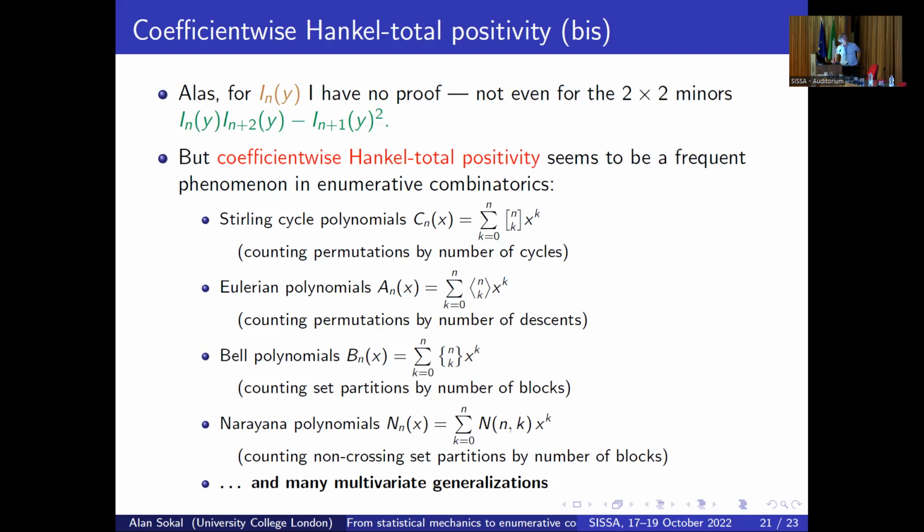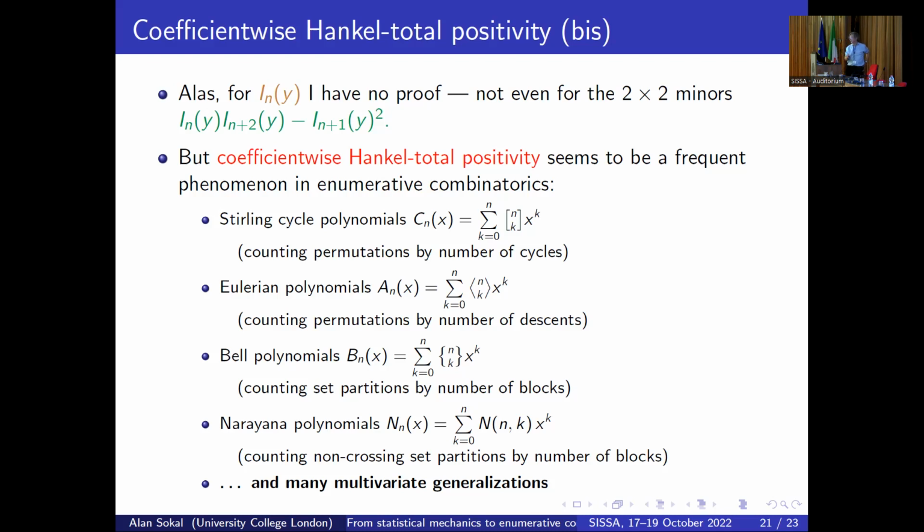For example, the Stirling cycle polynomials, they count permutations by number of cycles, a weight x per cycle. Or the Eulerian polynomials, they count permutations by number of descents. Or the Bell polynomials, they count partitions of an n-element set into non-empty blocks by the number of blocks. Or the Narayana polynomials, they count non-crossing set partitions, or many, many other things.